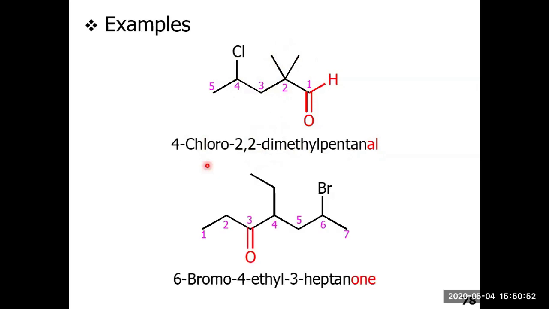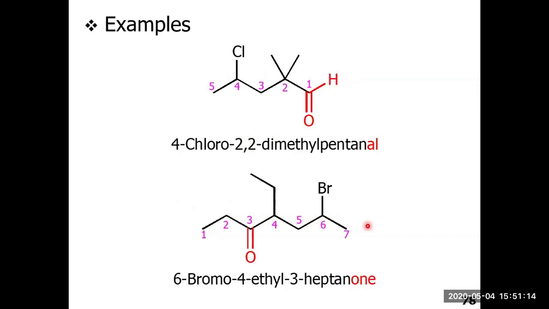All right, let's take a look at this example. So we have this carbonyl carbon, and if you notice, the carbonyl carbon is bonded to 2 carbon atoms, that's why this is actually a ketone and not an aldehyde. Just like what we did for the first example, we have to find the parent chain.